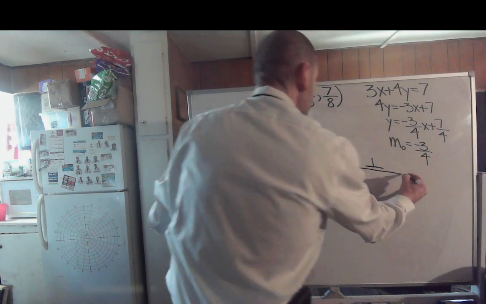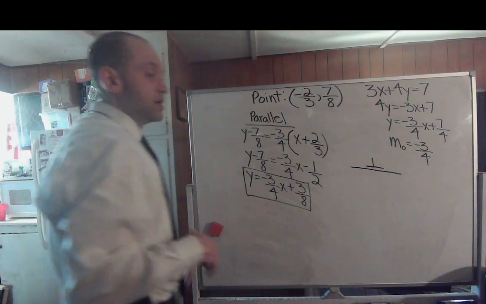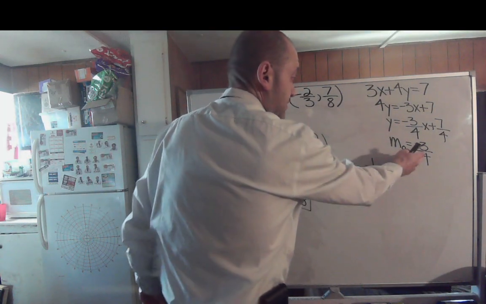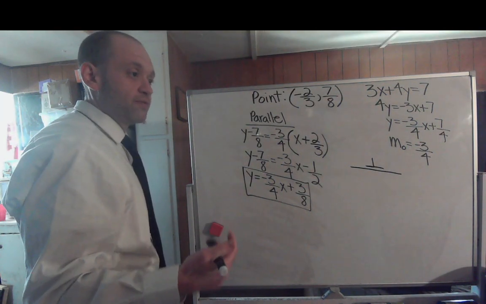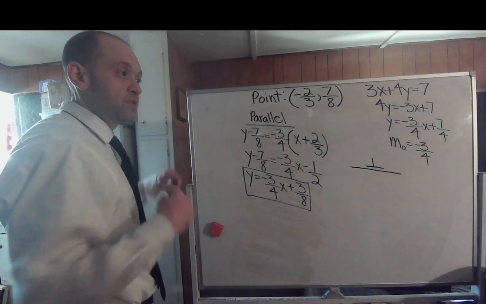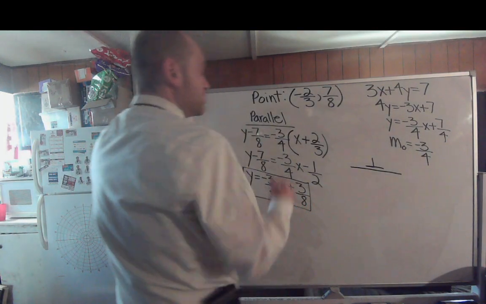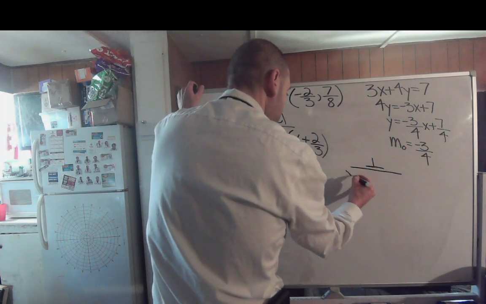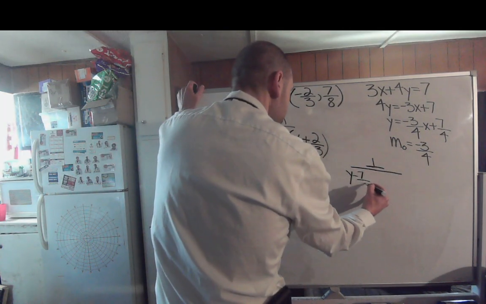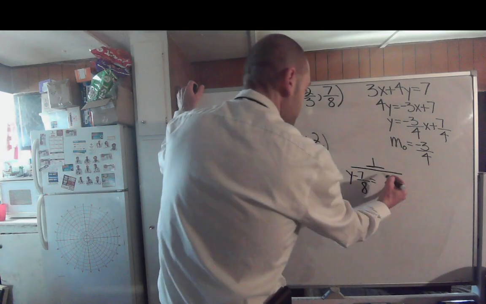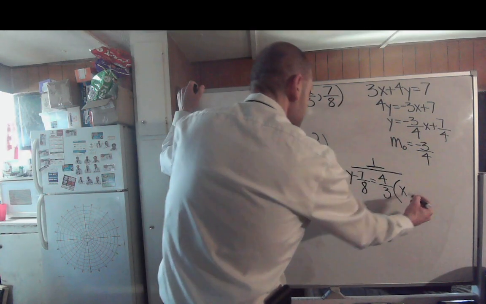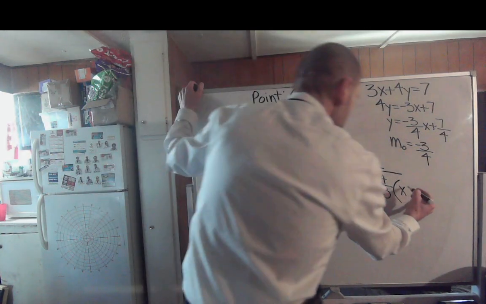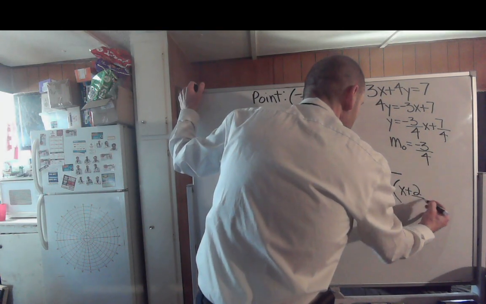Now what's true for a line perpendicular? The slope has to be the negative reciprocal of the original. So the negative reciprocal of negative 3/4 is positive 4/3. So to go through this point, you'll take your y minus your 7/8, set that equal to that 4/3 times your x minus negative 2/3, so that'd be x plus 2/3.